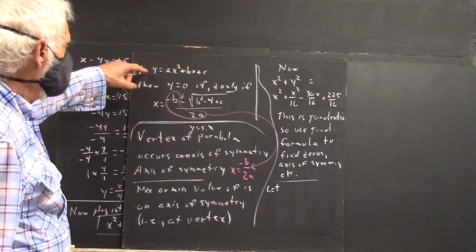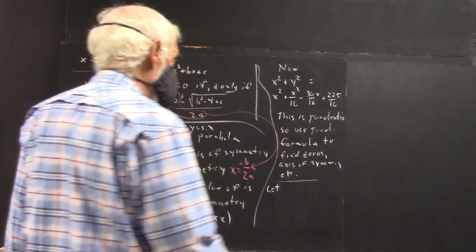So we're kind of thinking we have z equals ax squared plus bx plus c.